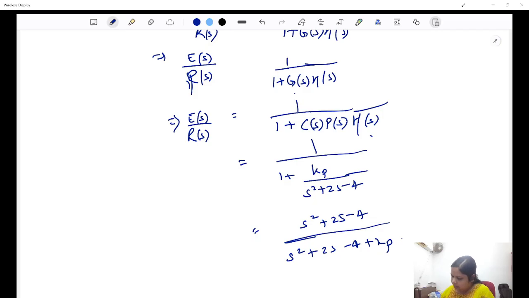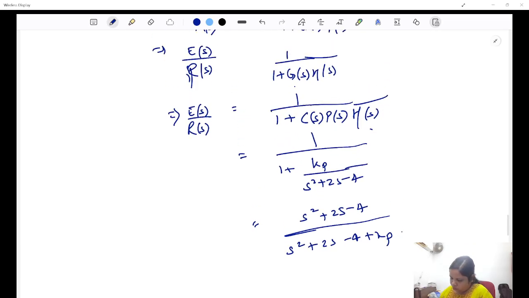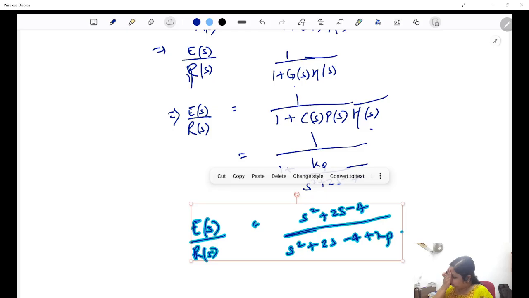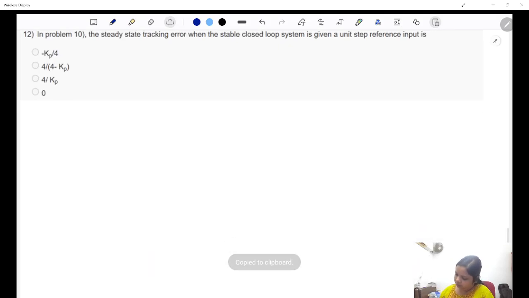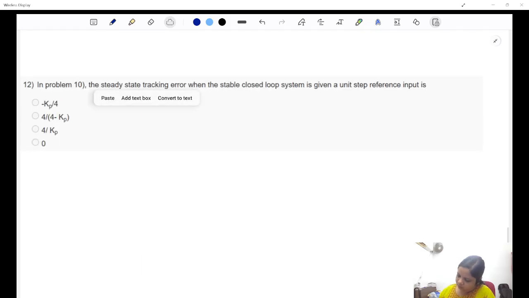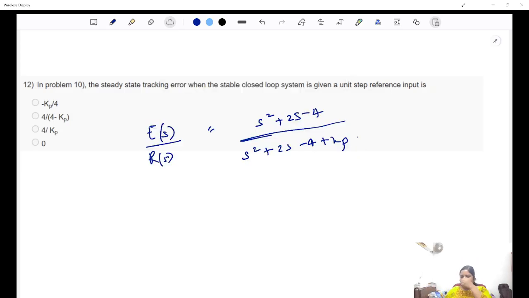Okay, since we have done this, it would be useful to us. I'll copy this for the next question, because in the next question there is a question on steady state error. So ES upon RS is this. The question is the steady state tracking error when the stable closed loop system is given a unit step reference input.